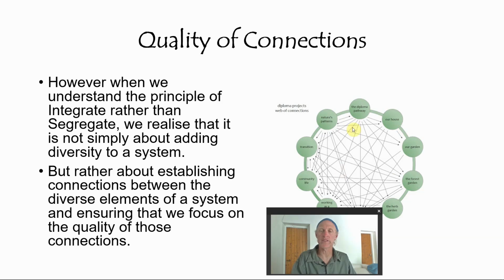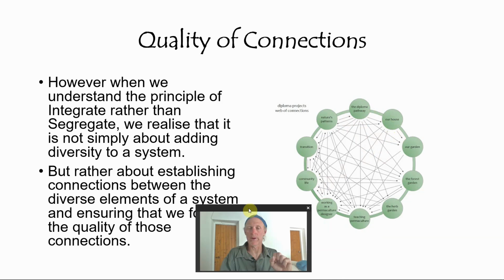We can see that here in this image. It's a design process that we're going to learn about, whereby we develop as many functional connections as possible between all the elements in the system, so we have high levels of efficiency and self-regulation. The system can produce for its needs and generate a surplus from within itself.